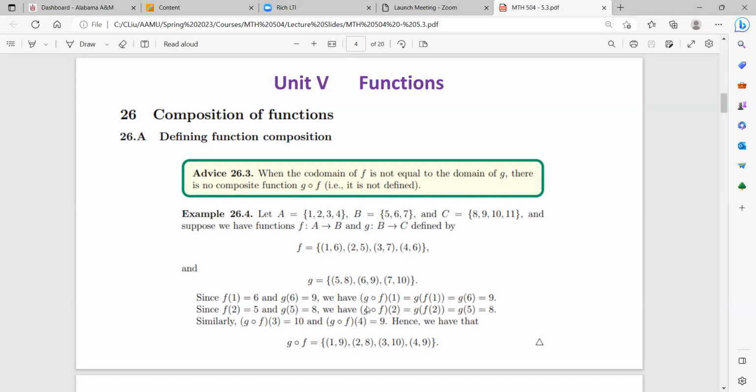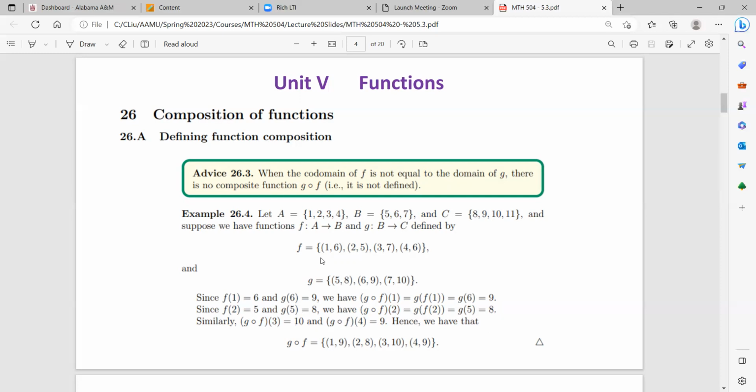Similarly, F of 2 is 5 and G of 5 is 8. So the composition of G and F at 2 is G of F of 2, which is G of 5, or 8. You can do the same thing for 3 and 4.